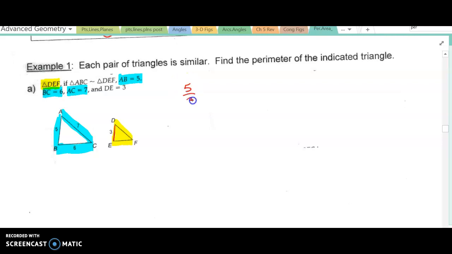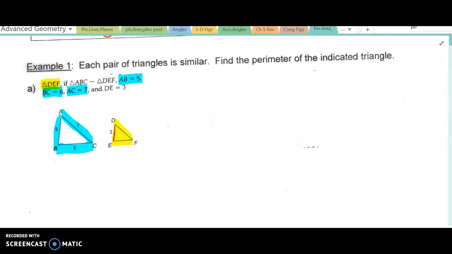We could say 5 is to 3 as 7 is to X, and then 5 is to 3 as 6 is to Y, and then figure out what X and Y are and add all of those up. But the whole point of this theorem is that it saves us a little bit of time. Maybe not as much time on a triangle, but on a multi-sided shape it would save us a lot of time.